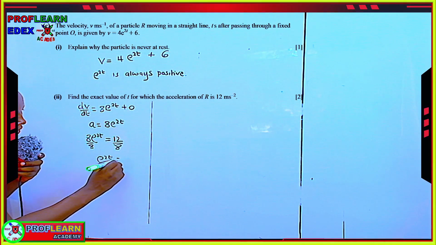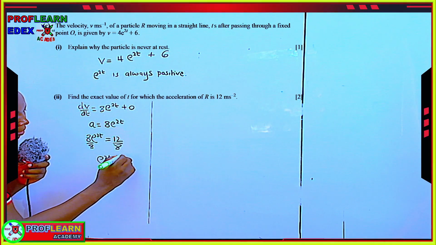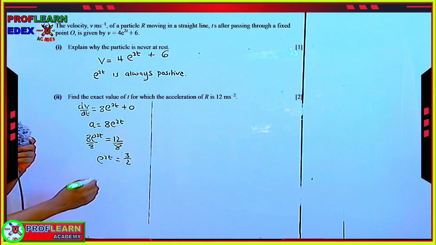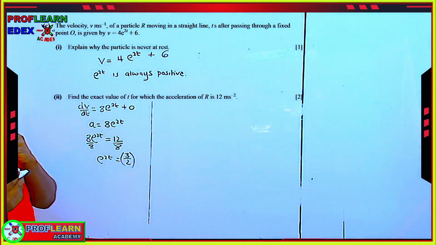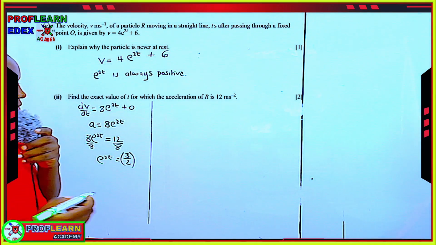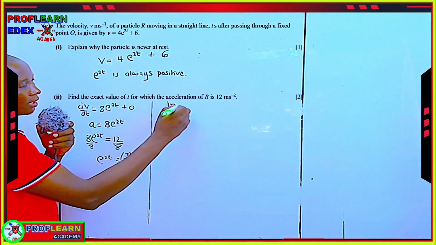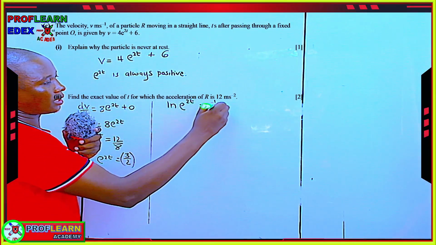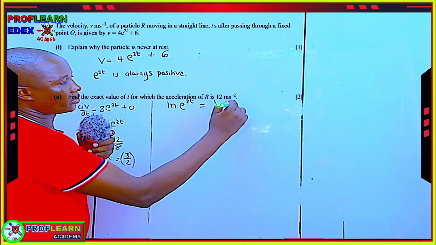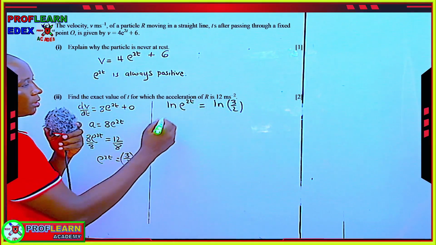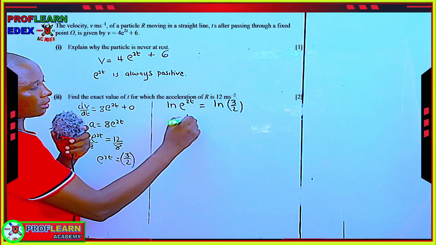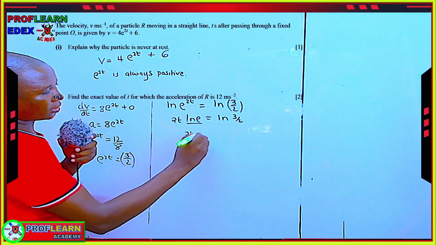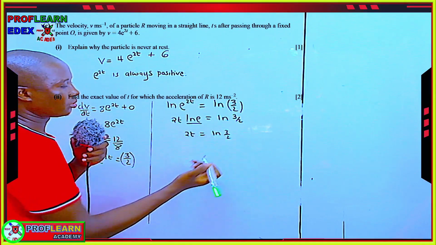e^(2t) equals what? This is 4 going to 3 over 2, right? It's going to be 3 over 2. Now we are supposed to give an exact value, so we introduce ln on both sides. e^(2t) equals 3 over 2, so 2t ln e equals ln of 3 over 2. 2t equals ln of 3 over 2.